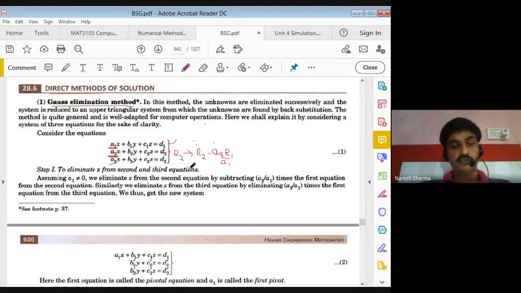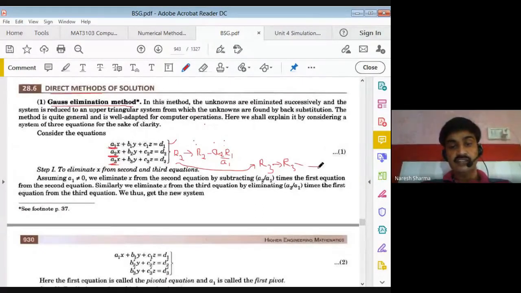So for the third row R3, that is R3 means your a3, and you put R3 here, minus you divide this first row by a1.